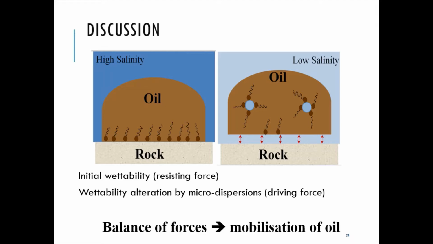Then it weakens the bond between the oil and the rock, and hence we have dislodging of the crude oil from the surface, which would lead to additional oil recovery. Therefore, there should be a balance of the forces, which leads to a mobilization of the oil.